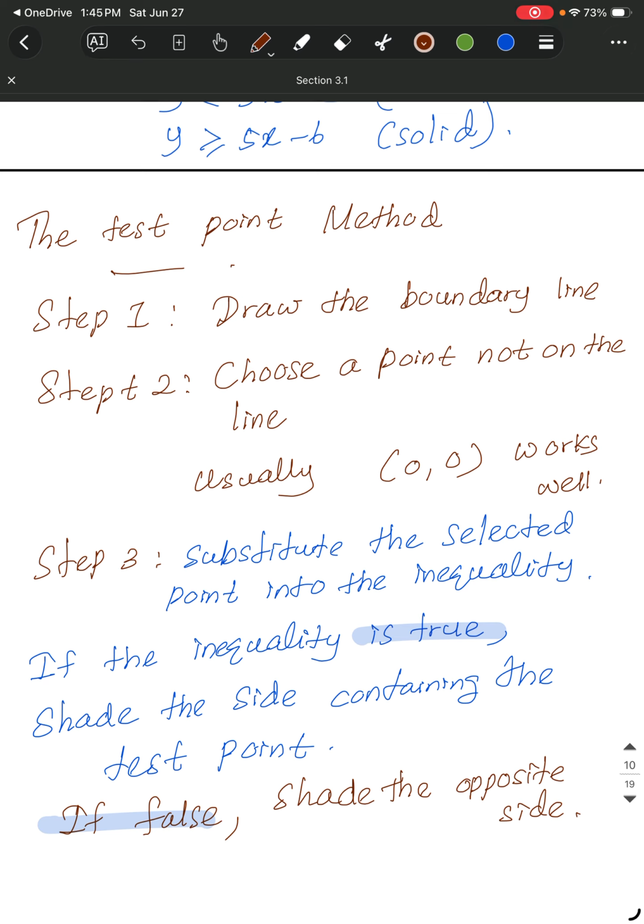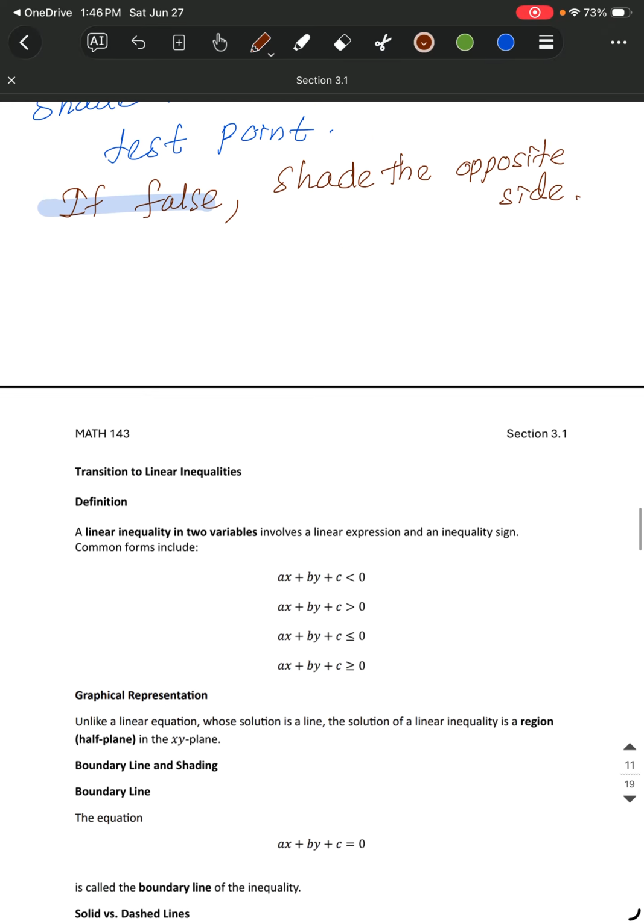If the inequality is not satisfied, shade the opposite side, because the test point region is not the solution region. I hope everything is clear so far.